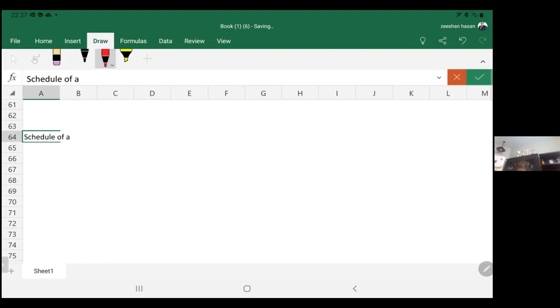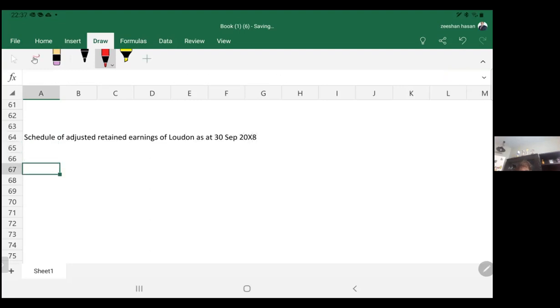Schedule of adjusted retained earnings of Loden Company as at 30th September 2008. Retained earnings per trial balance.